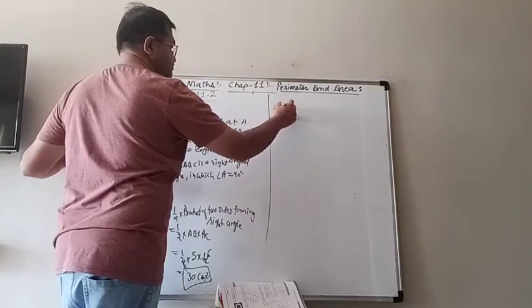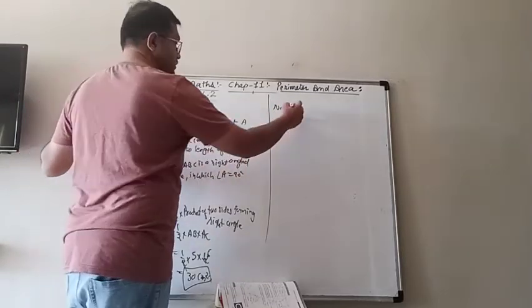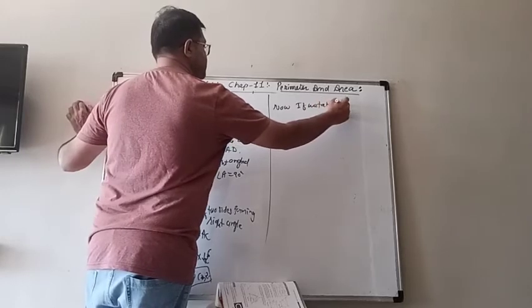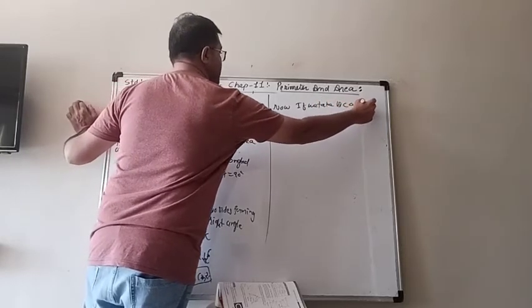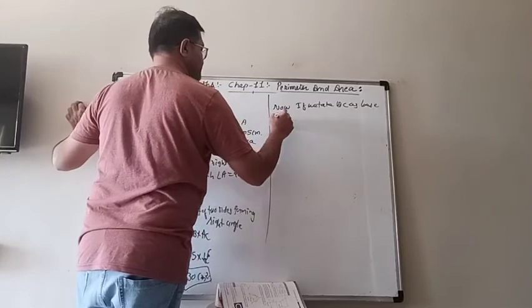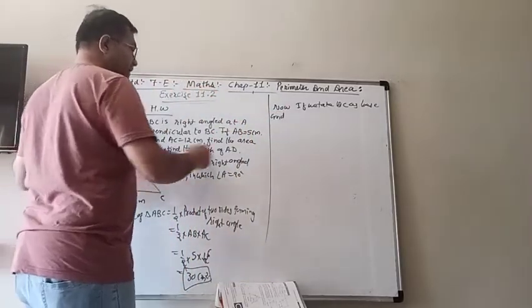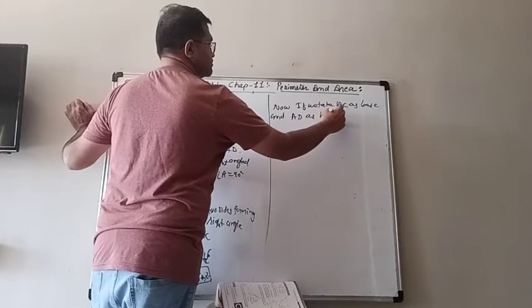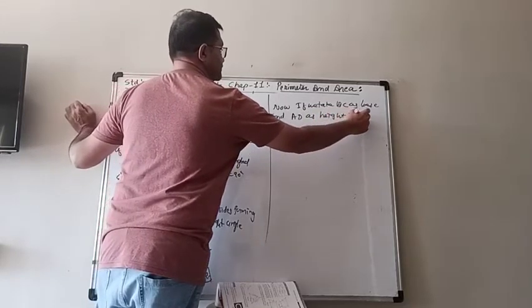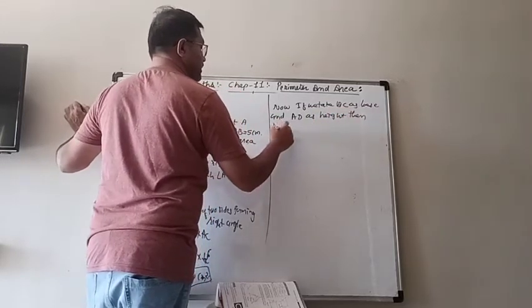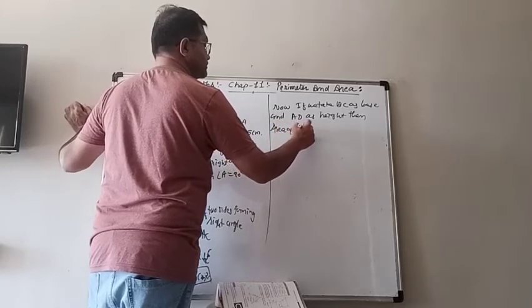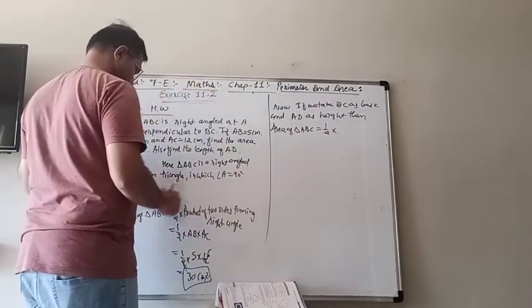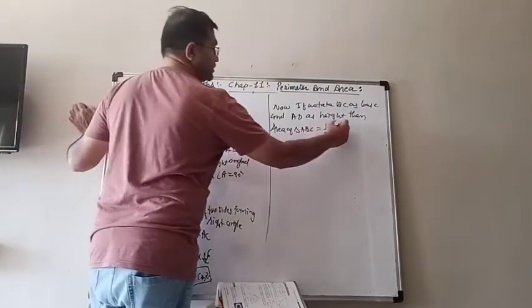So now if we take BC as base and AD as height, then area of triangle ABC is equal to 1 by 2 into BC into AD.